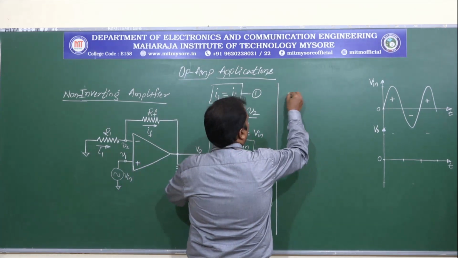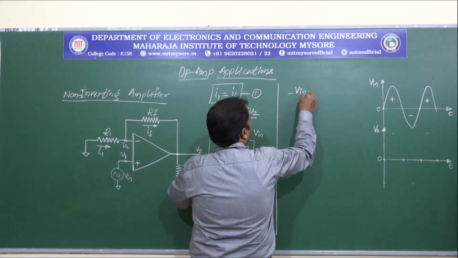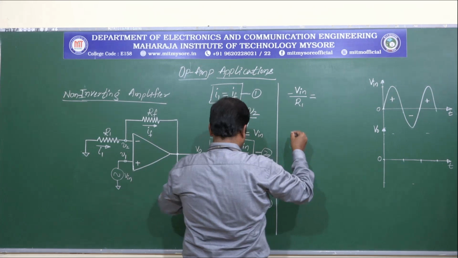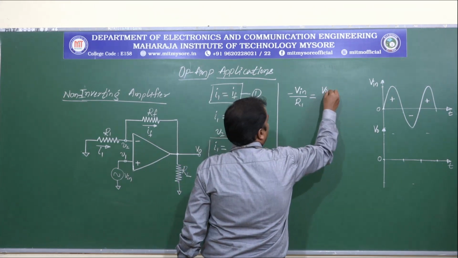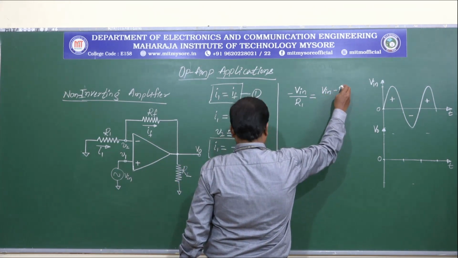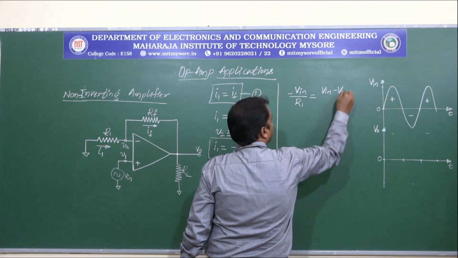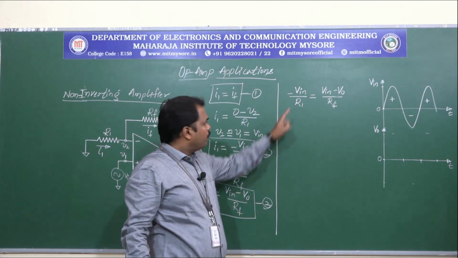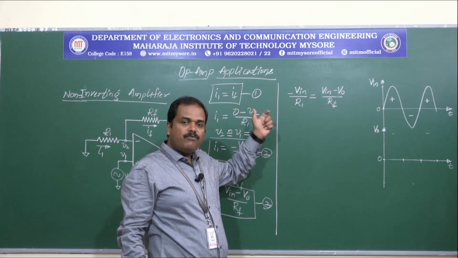That is minus Vin by R1 equals to Vin minus V0 divided by RF. So with this we will find out the equation for V0.